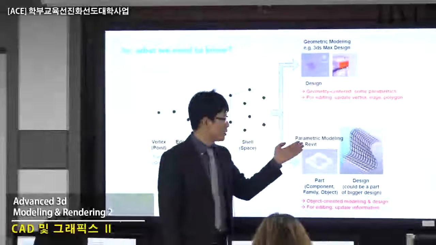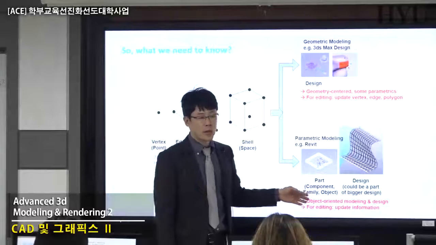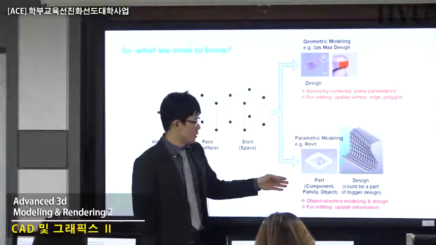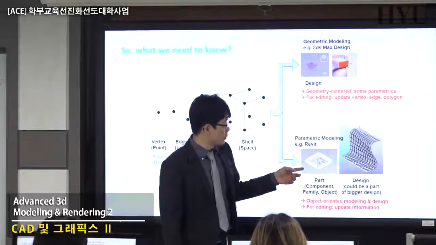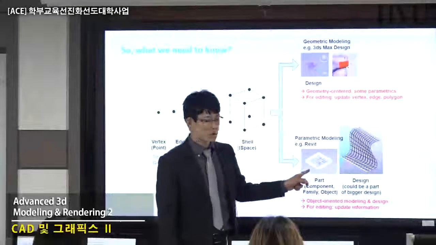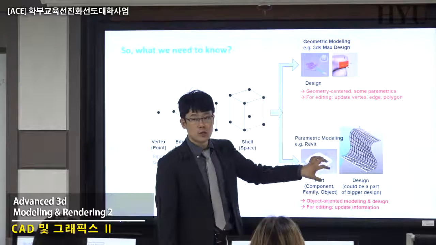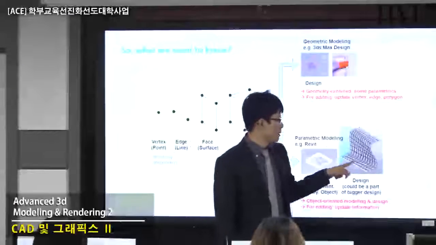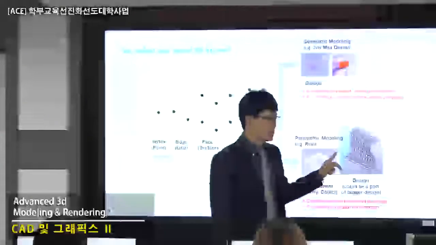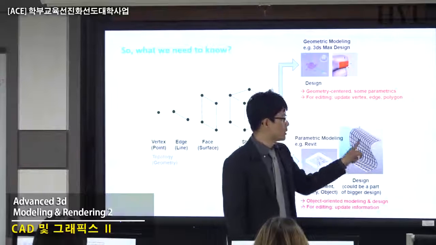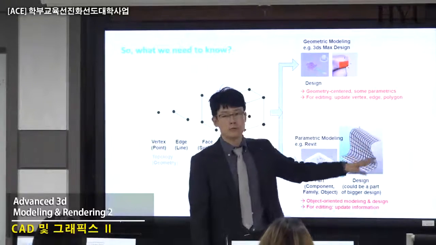But in parametric modeling, in solid modeling, especially in building information modeling, we can focus on which is the part, which is your design. For example, this is a simple definition of a part, a window frame. Based on the window frame, we can assign 10 rows and another 10 rows, and then we can design a freeform surface.